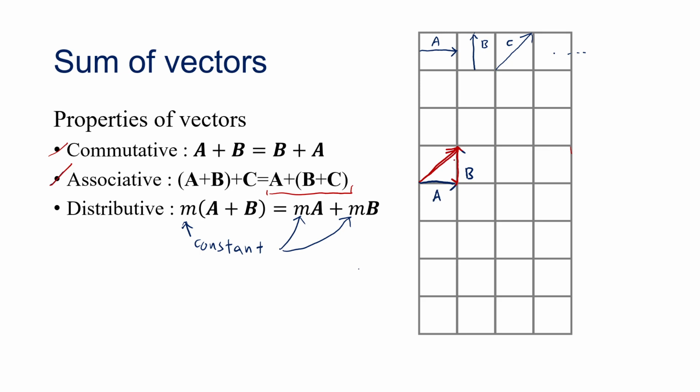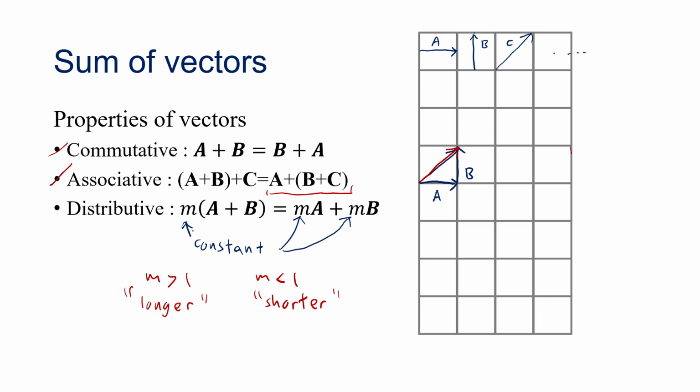Now, if we multiply a constant here, it actually depends on whether this is greater than 1 or less than 1. If this m is greater than 1, it will become longer, with higher magnitude than this a plus b. If m is less than 1, it will be shorter, right?